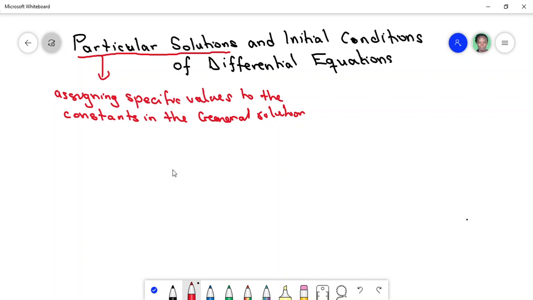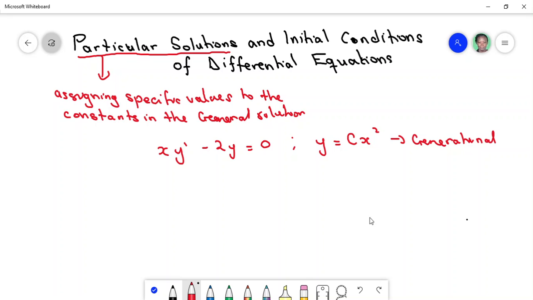So for instance, when we had a differential equation, let's say x y prime minus 2y equal to 0, and let's say we have y equal to c x squared. This is our general solution.